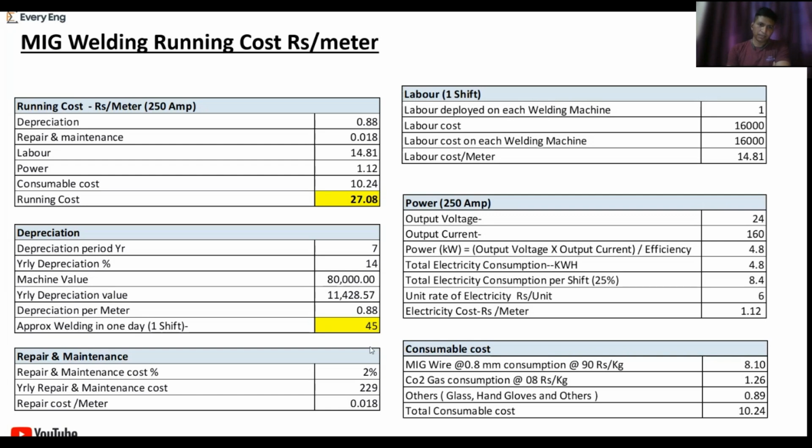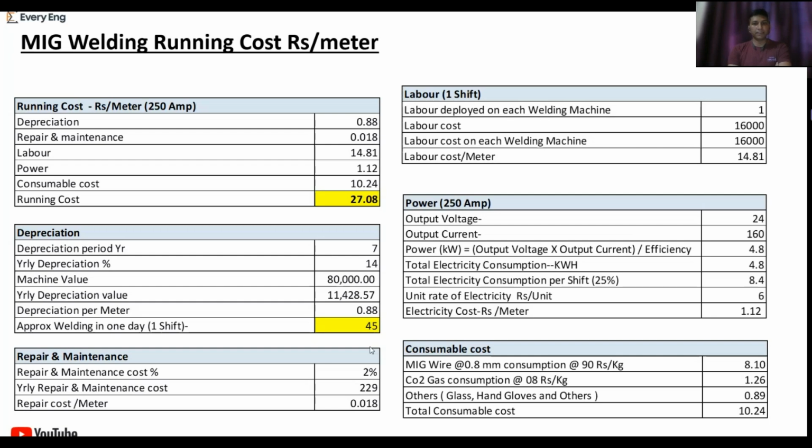After discussions with many companies, we found one company is doing 25 meters per shift, and some other company is making 100 meters per shift. It's a big difference, and it also depends on cost.